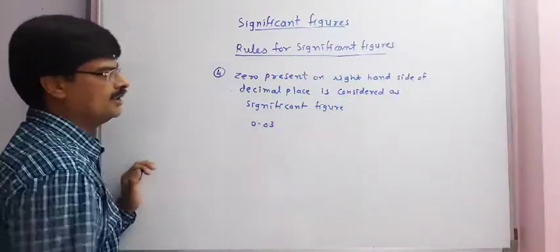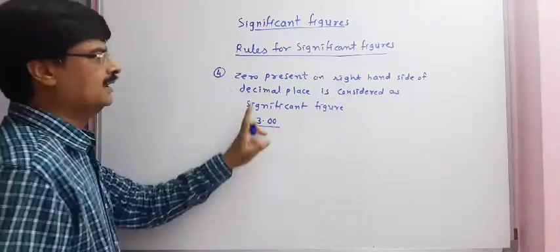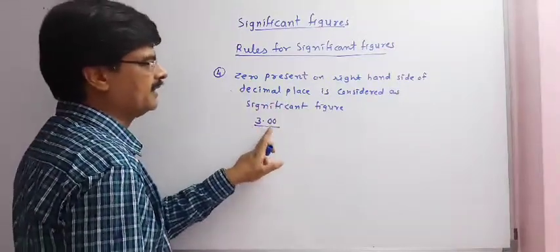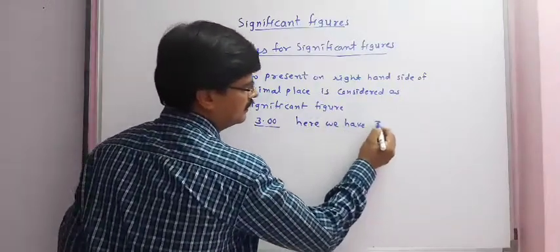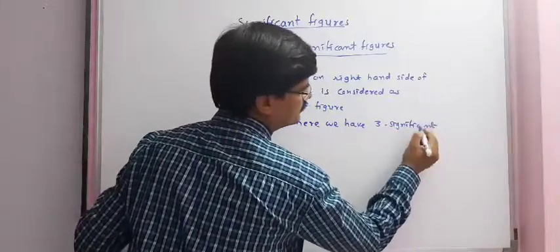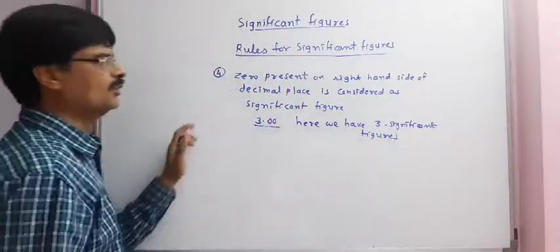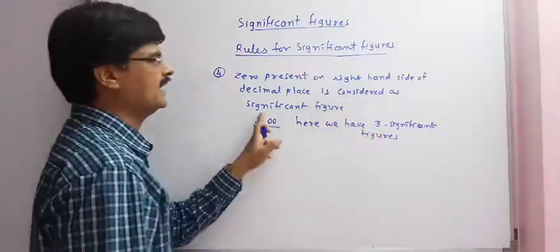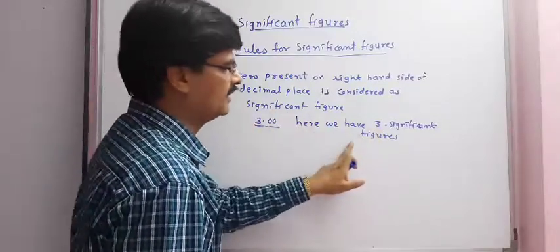Taking another example, 3.00, the 0s present on the right hand side of the decimal place are considered significant figures. So here we have 3 significant figures.